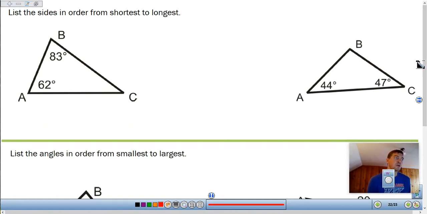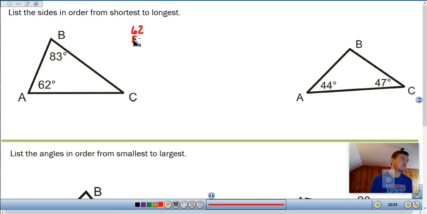List the sides in order from shortest to longest. In order to do that, you need to know the angle measures. We know 2 of them. Let's find the third one. And then subtract that from 180. We'll get 35.